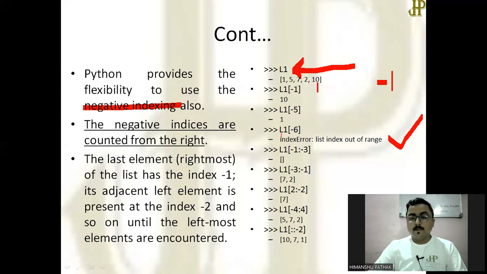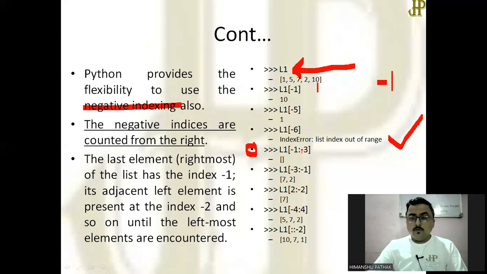Okay. Now again, -1 to -3. So here there will be no compilation or any syntactical error, but the answer will not be given. Why? Because it is a very important point. You have to start with -1, that's okay.